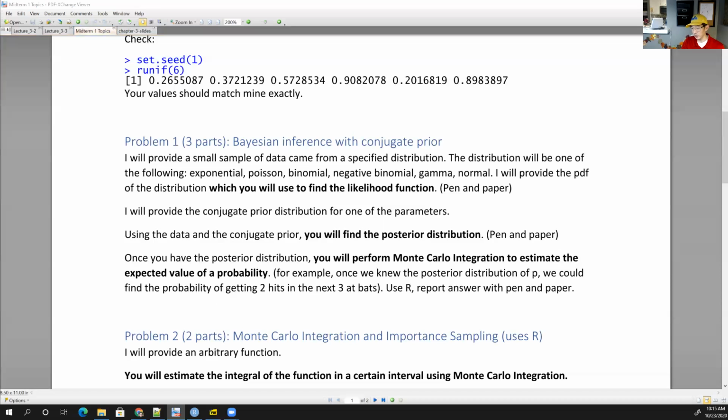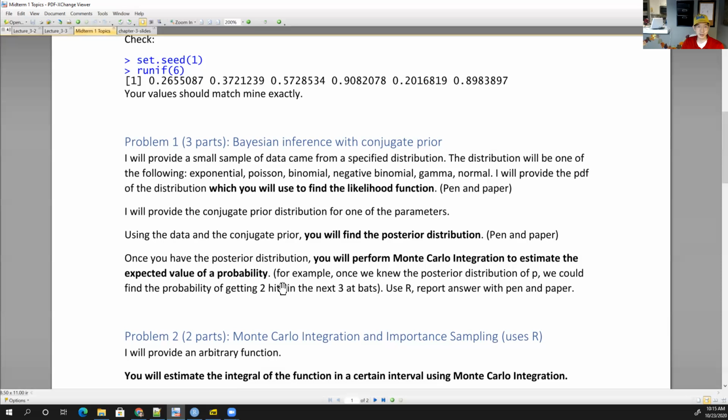So you would use Monte Carlo integration. And yes, I will post this document to CCLE. You'll use R for that part. Does that make sense? Any questions? I think you have a similar problem in the homework. There was an exponential problem and a normal problem.